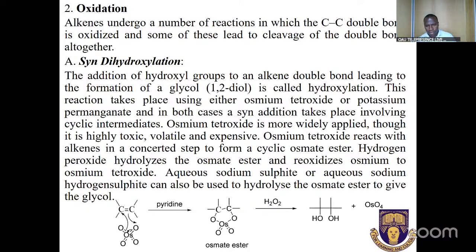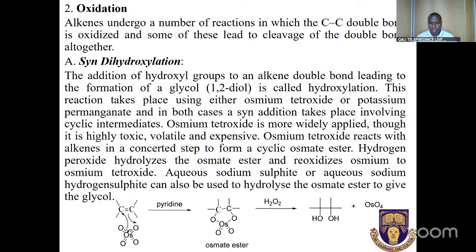It's either osmium tetroxide or potassium permanganate. But in both cases, we have a syn addition and it leads to formation of a 1,2-diol. That's why it's called dihydroxylation. We're adding OH, the hydroxy group, and it's referred to as dihydroxylation.